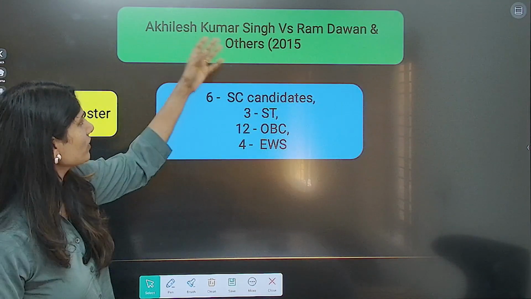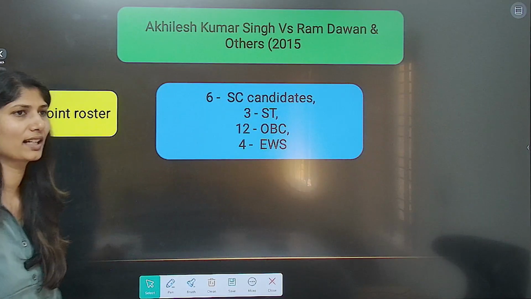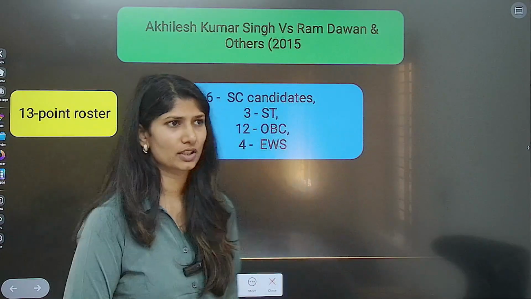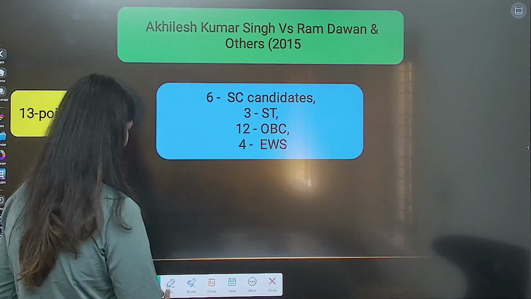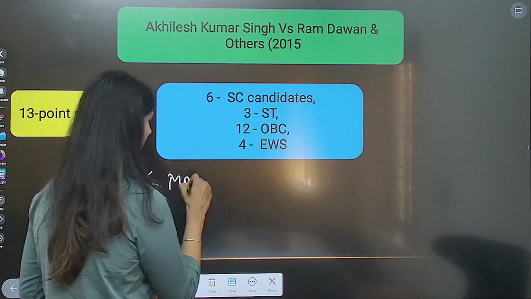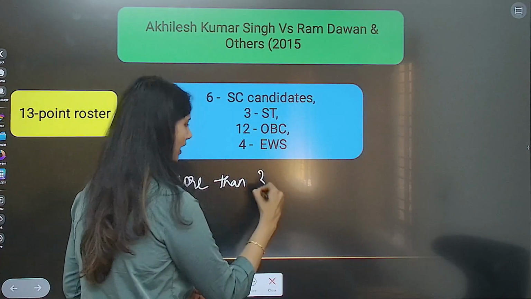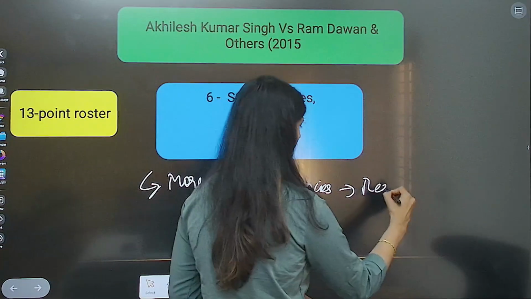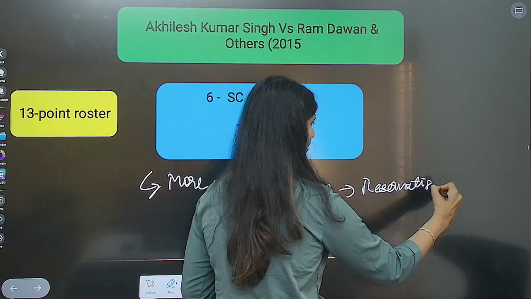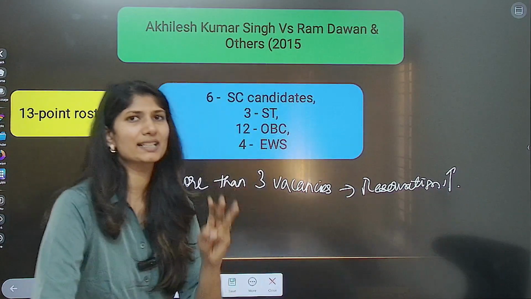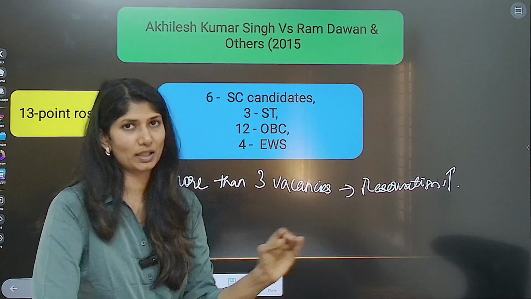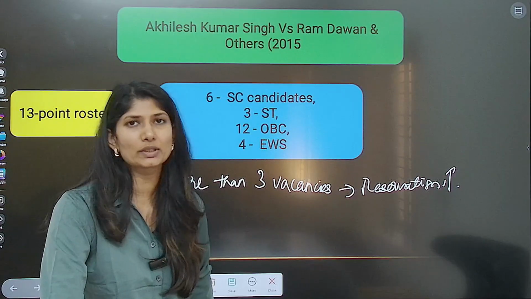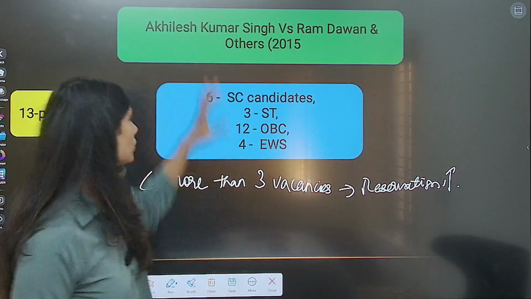In Akhilesh Kumar Singh versus Ram Dhawan and others, the Supreme Court held that if the posts in the government notification have more than 3 vacancies, then you can give reservation. So the basic thing is that at least a minimum of 3 vacancies should be there for that particular job. Then you can consider giving reservation. Otherwise, you don't have to give reservation. This is what the Supreme Court held.